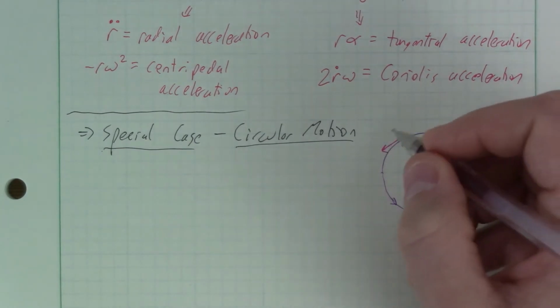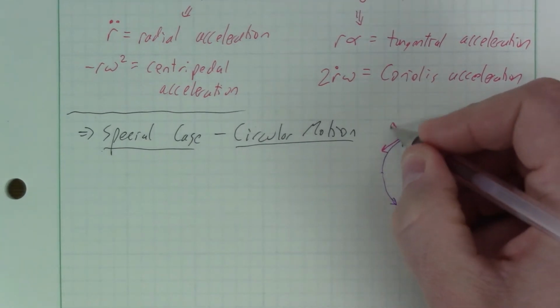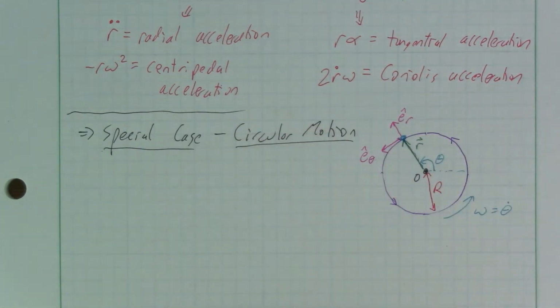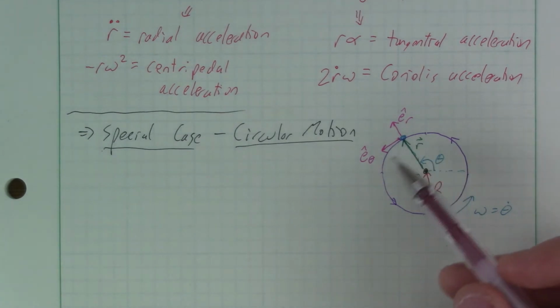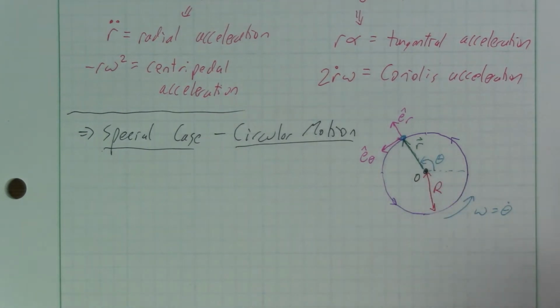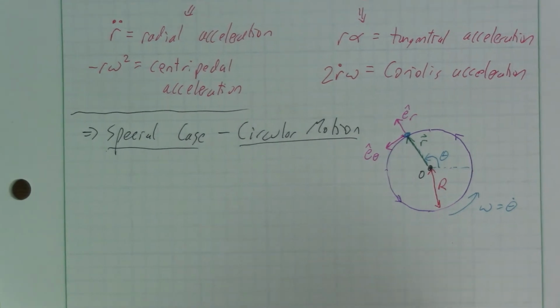At this instant, e hat r is there, and e hat theta is normal to it, in the direction of positive theta change, so more counterclockwise rotation. Okay, I think that's everything we need in the picture.